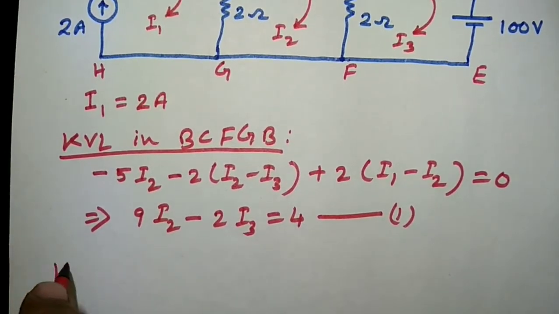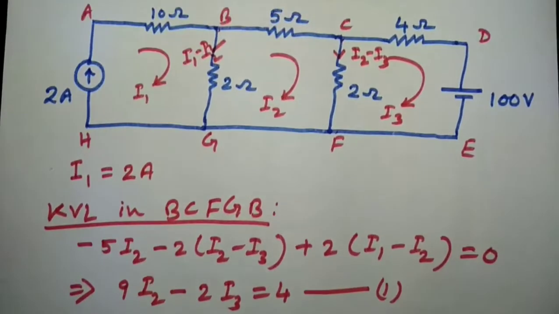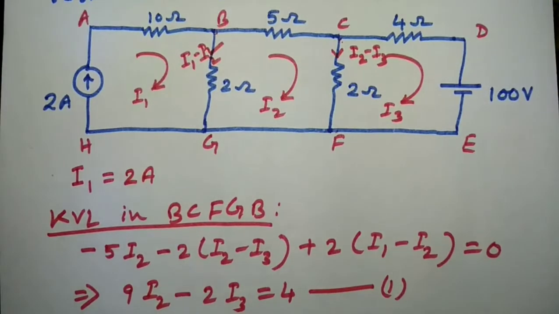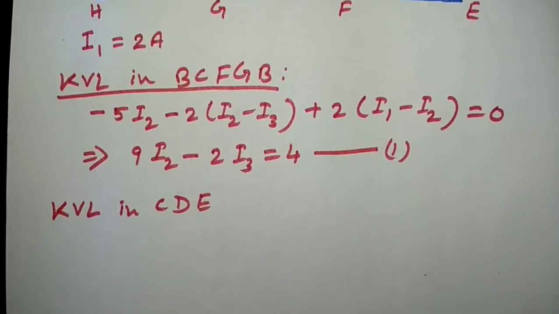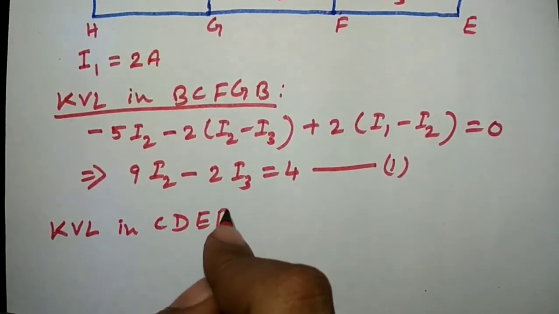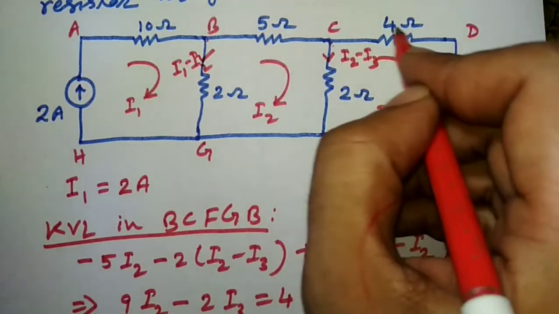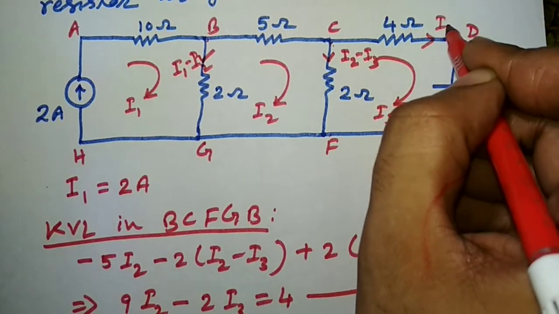Next, we will apply the KVL in the third mesh, that is C, D, E, F, C. So here the current is I3.